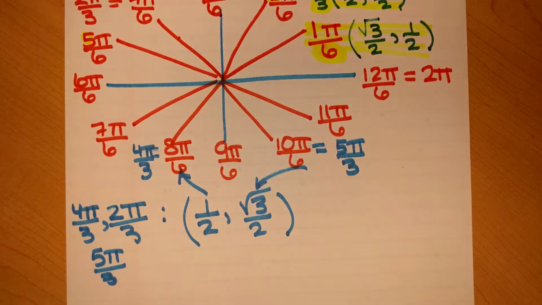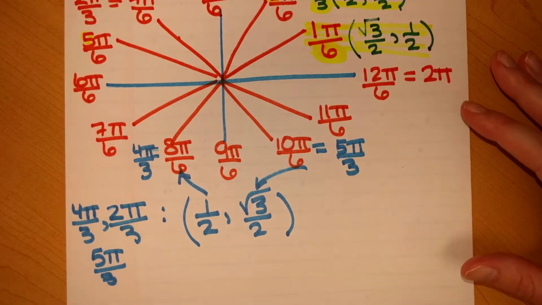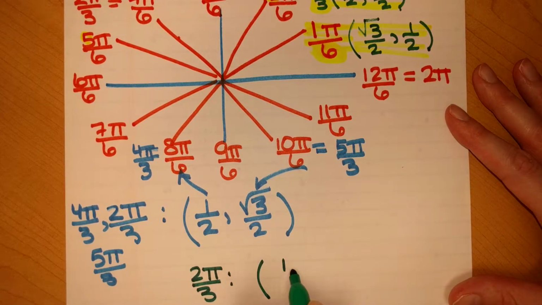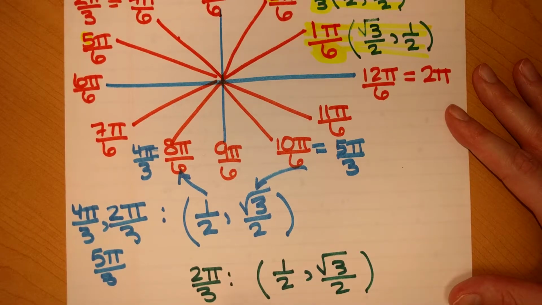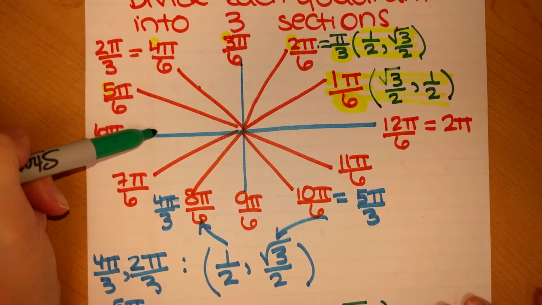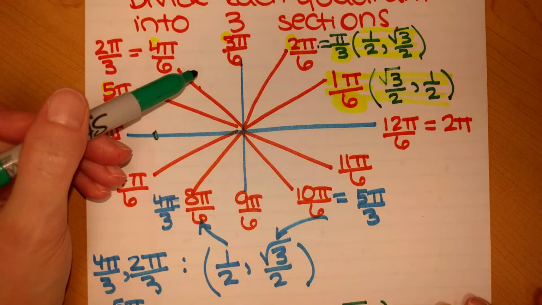So to figure out if it's going to be a positive or a negative, you have to use what you know about x and y being positive or negative in that quadrant. So if, for example, you look at 2 pi over 3, the quadrant is quadrant 2. In quadrant 2, your x is negative and your y is positive.